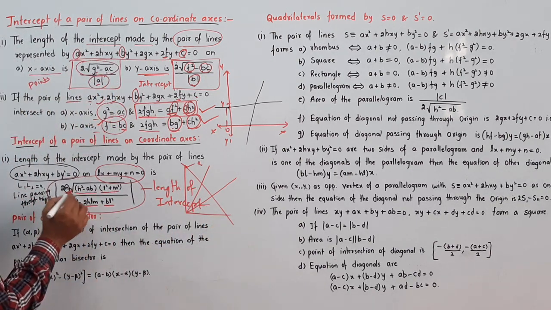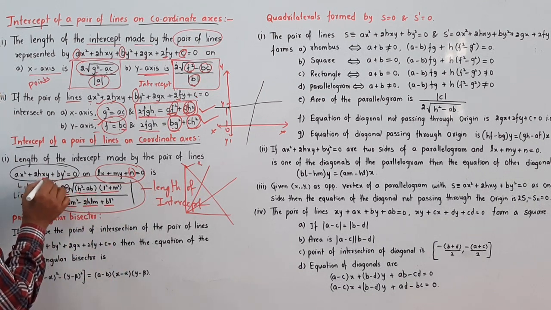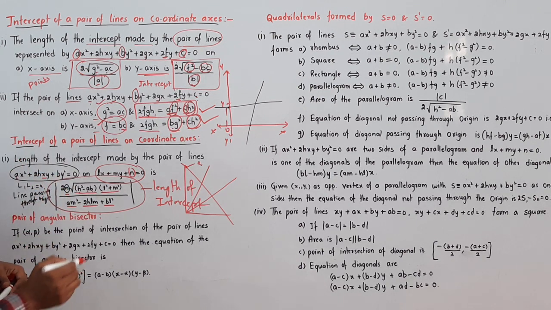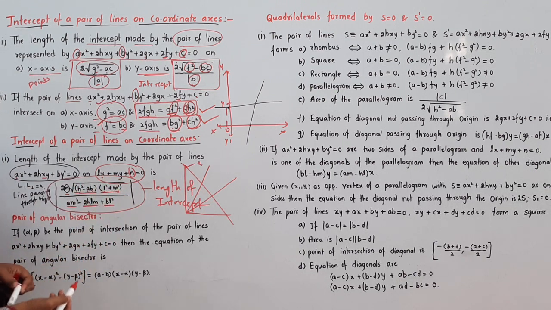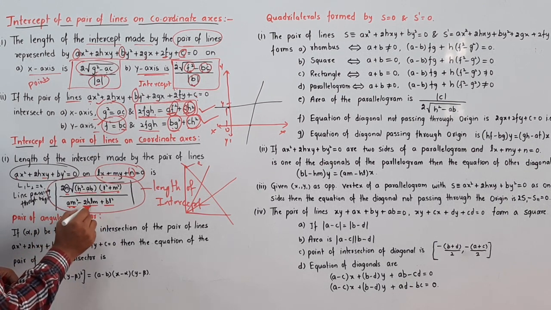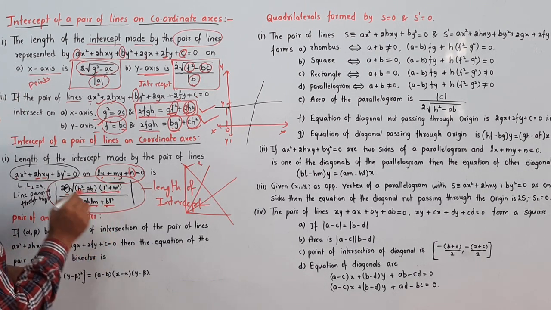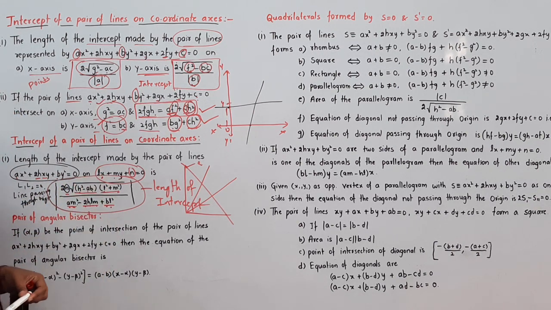Now n is nothing but the constant of the given straight line, and h is half the coefficient of xy, a and b are the coefficients of x square and y square respectively, and l and m are the coefficients of x and y respectively of the straight line here.